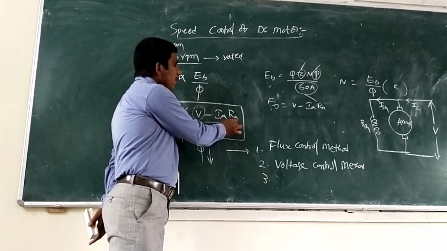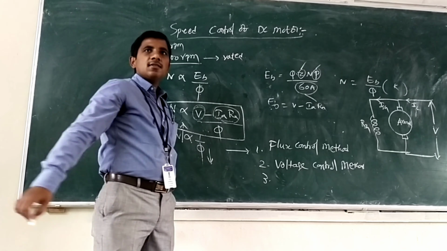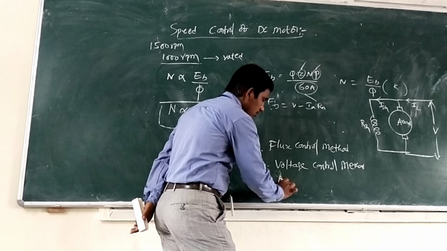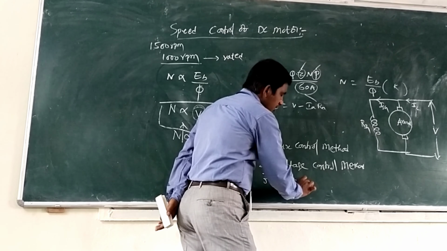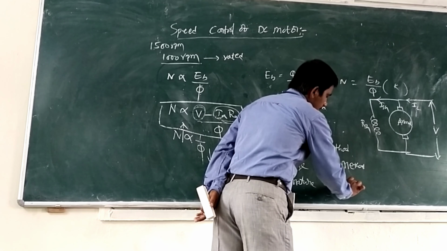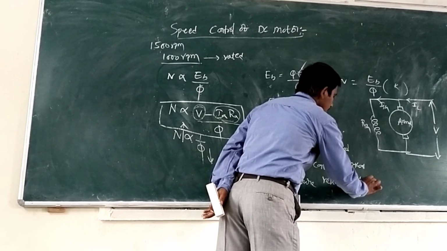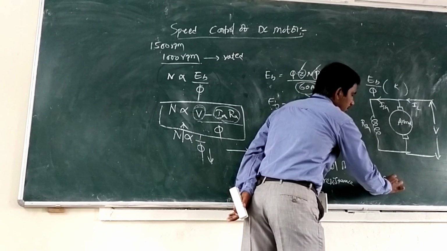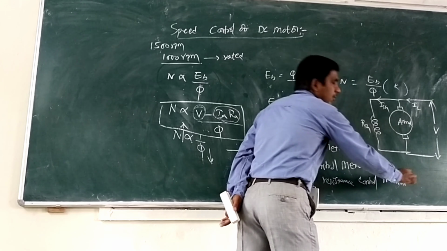That is armature resistance control, another method to control the speed of a DC motor.